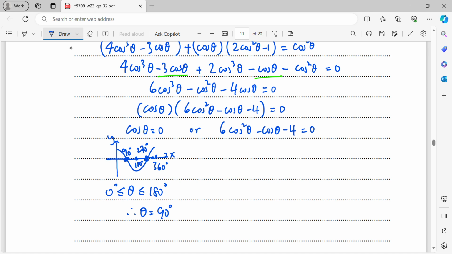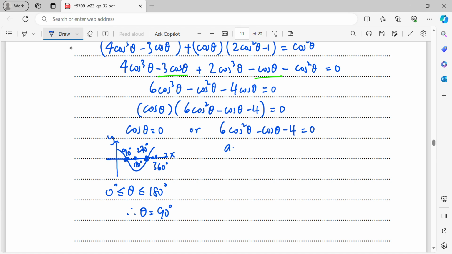Okay, and then for the right hand side, the other one, we have to solve this using the quadratic formula because it cannot be factorized.